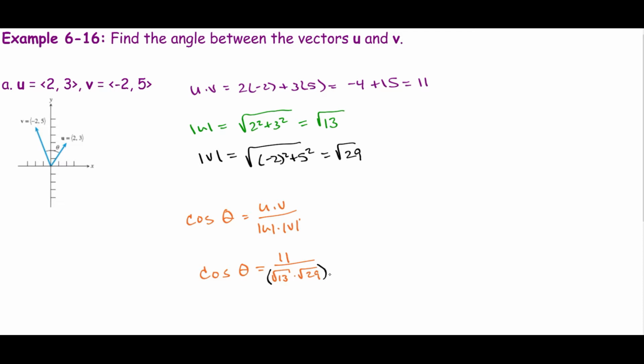This needs to go in parentheses, or you can use that fraction notation. And then we'll end up here with theta is going to be inverse cosine of this 11 over radical 13 times radical 29, which is going to give us 50.5 degrees. The theta is 50.5 degrees.